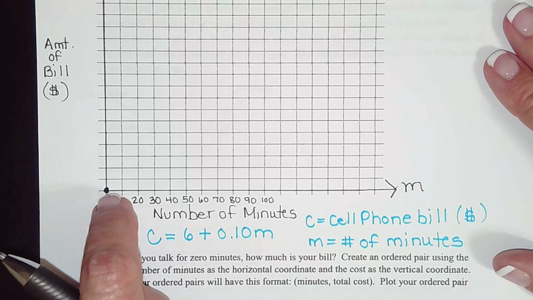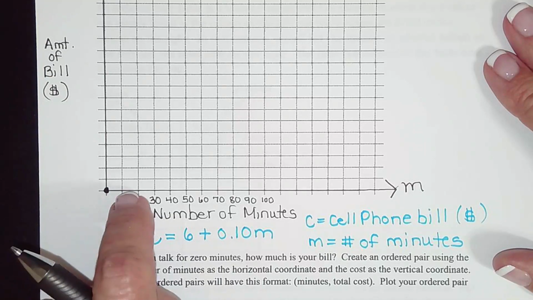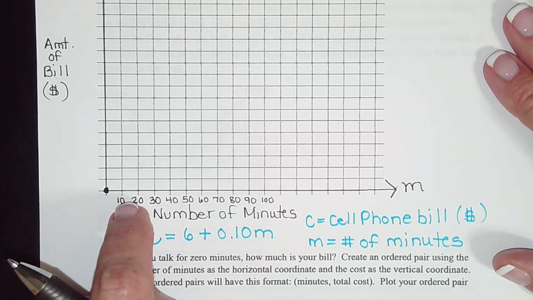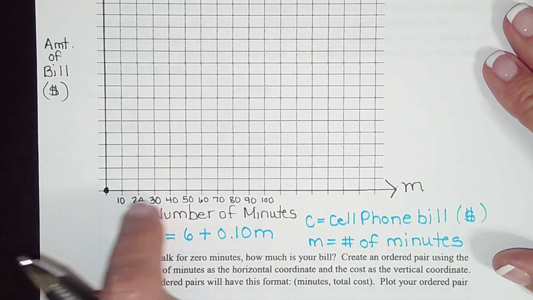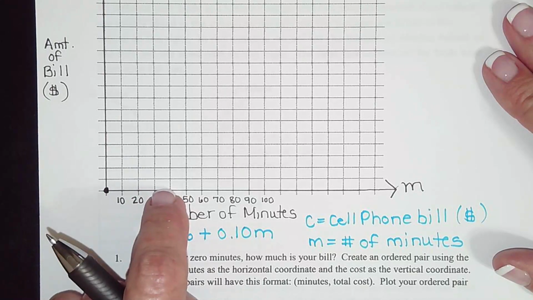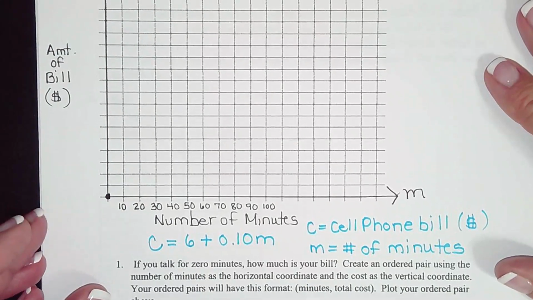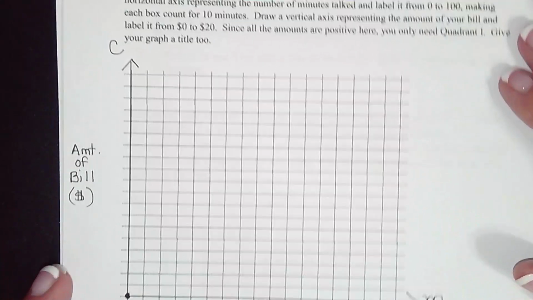So what's important is that each interval is the same on an axis. 10, 10, 10. So if you went 50, 75, 100, you went 50, 25, 25, 25, and that would be incorrect, and it would make your graph wrong as well. So that's what we mean by consistent.